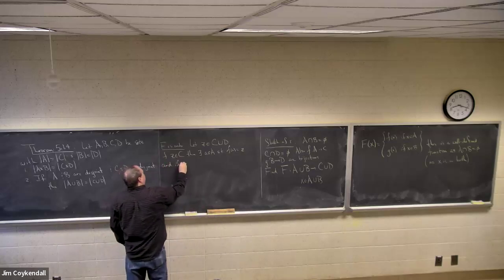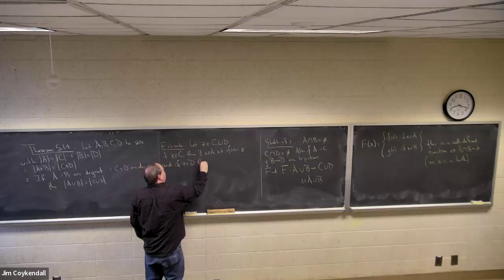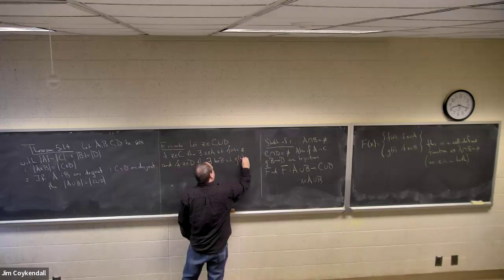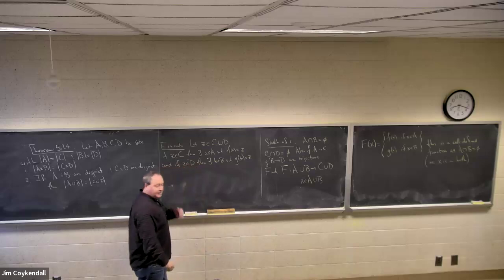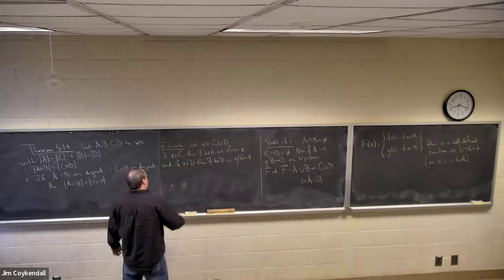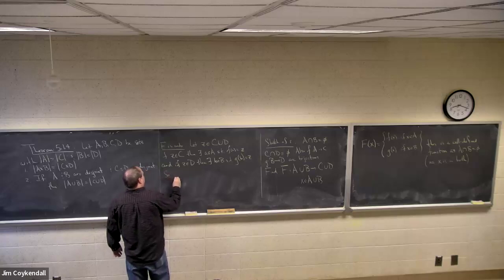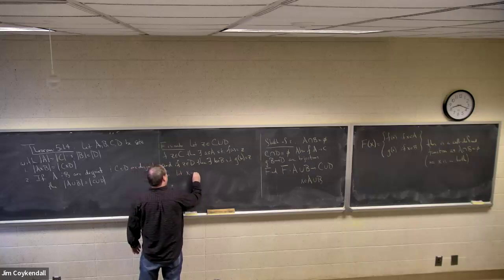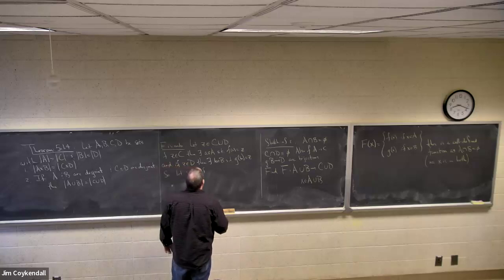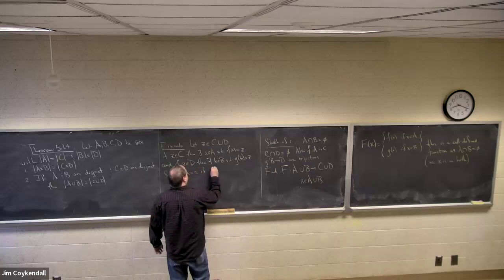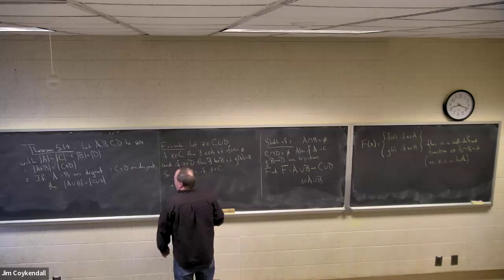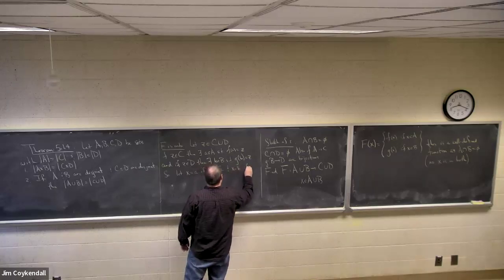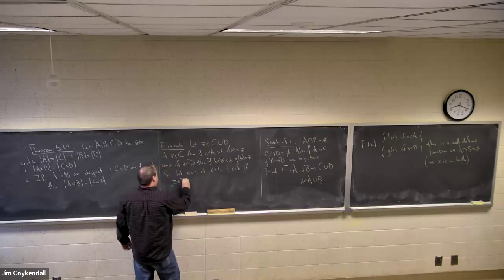And if z is in D, then there exists b in B such that g of b equals z. So let x equal a if z is in C, and x equal b if z is in D.